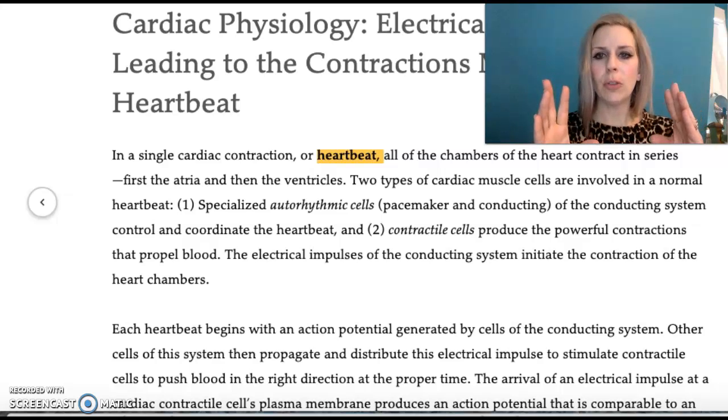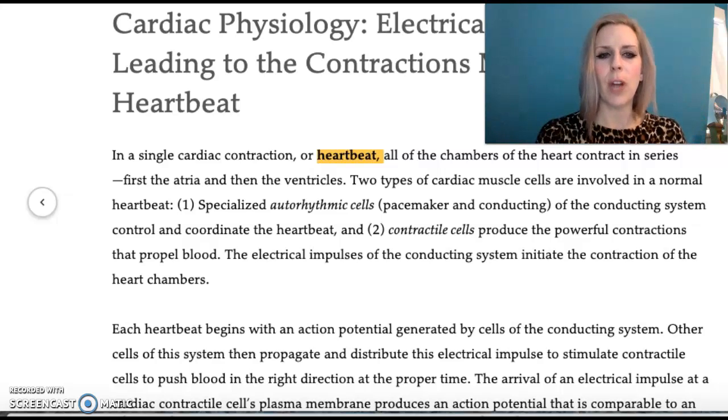So the atria will contract first, the ventricles will contract second, and blood will be expelled from the heart. The goal here is that one contraction cycle or one heartbeat occurs, fully ends, and then another heartbeat can begin.